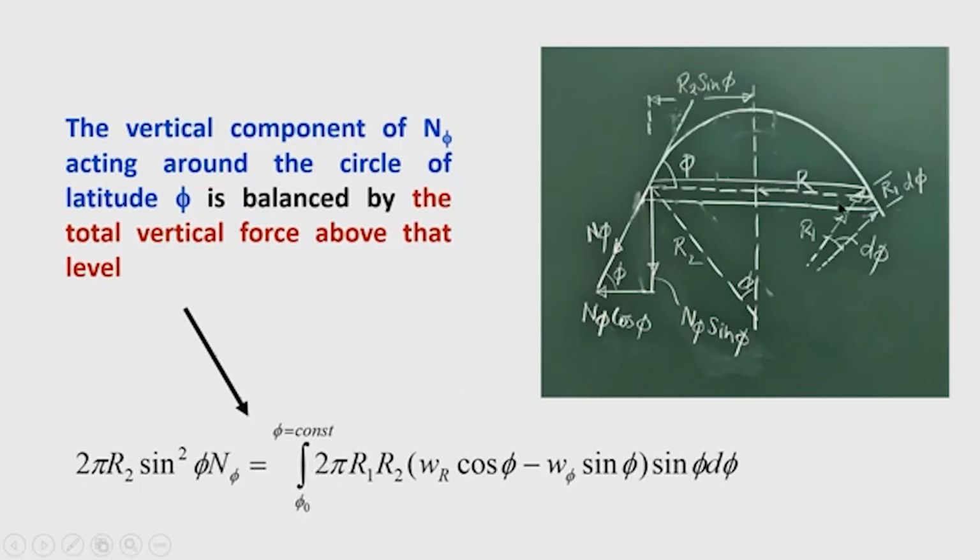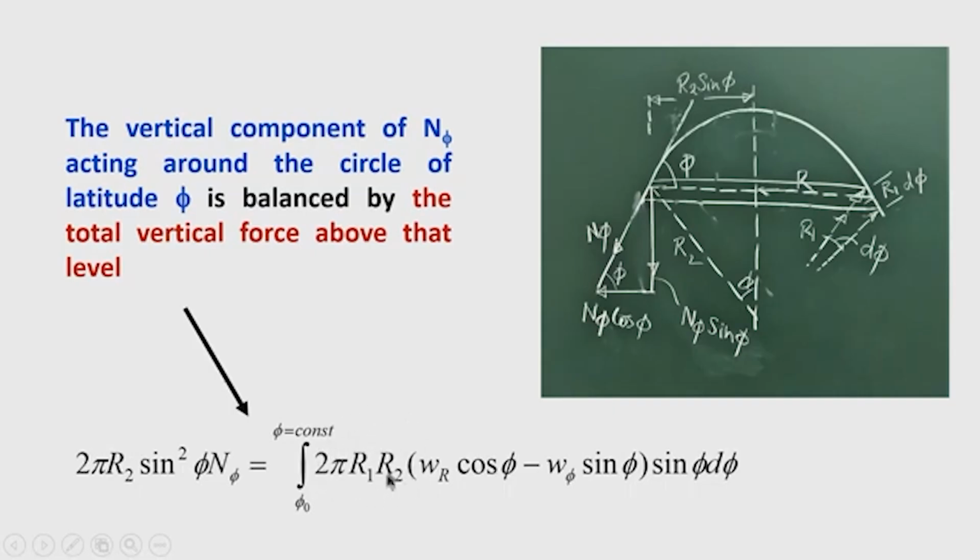If I take a strip here, r1 d phi is the width of the strip, where d phi is the differential angle, and 2 pi r is the circumference. Now r can be related with r2, that is r equals r2 sin phi. So, you see that the r2 sin phi term, the r1 d phi term, and the 2 pi term are there.